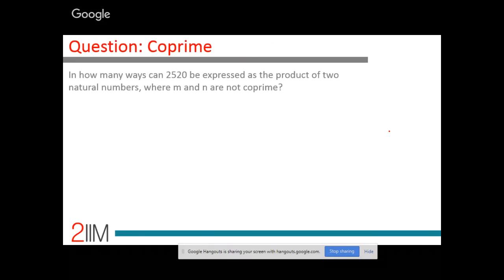Try this one. In how many ways can 2520 be expressed as a product of two natural numbers m and n, where m and n are not coprime?